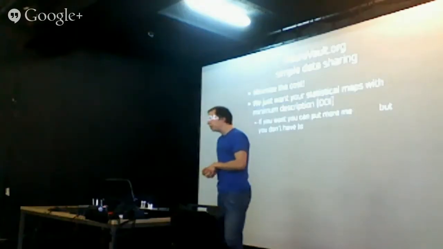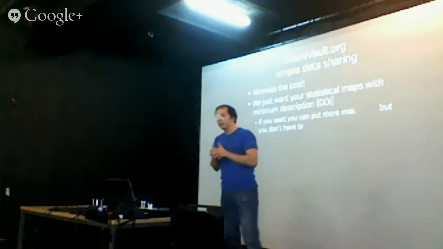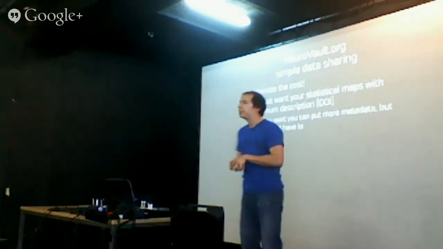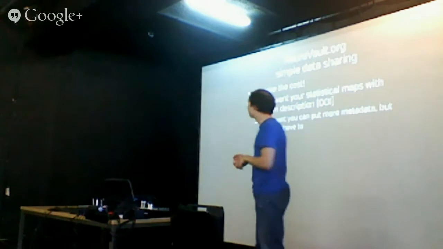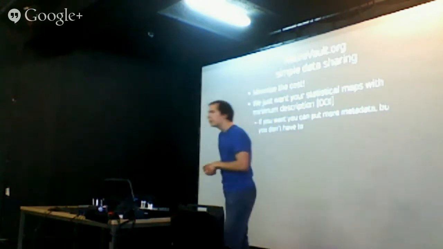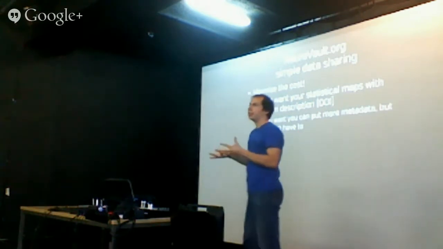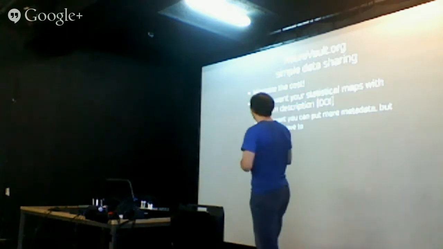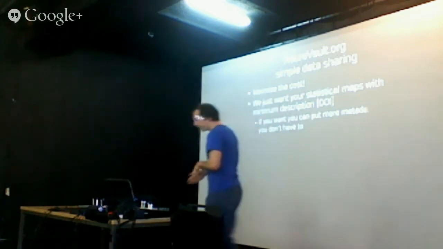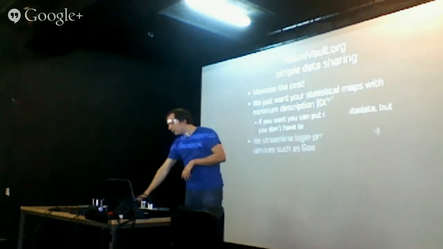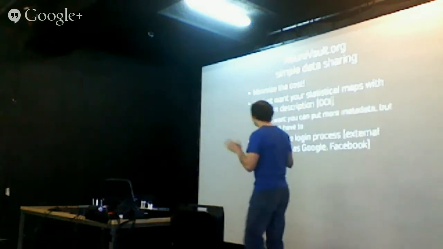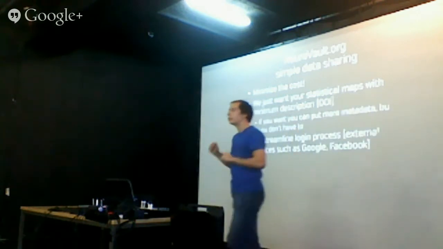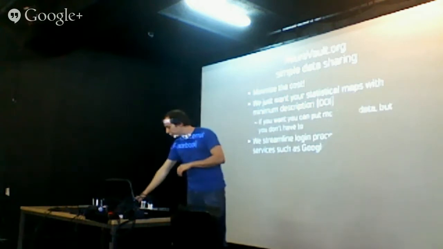And we're trying to minimize the cost by just asking people to upload their statistical maps and provide the DOI of the paper, because at the moment the paper is the best known existing description of the data. And we try to streamline the process and make it easy to use, with easy logging in with Google and Facebook and whatnot.